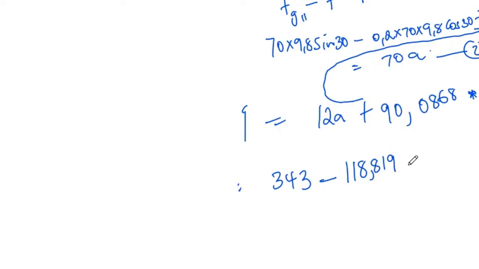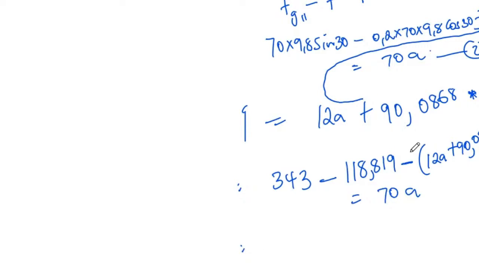I'll keep 3 decimals for the sake of accuracy. Then I'm replacing the T, which is 12A plus 90.0868, and we said it must give us 70A.